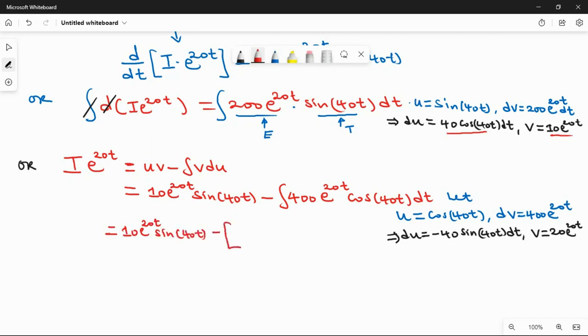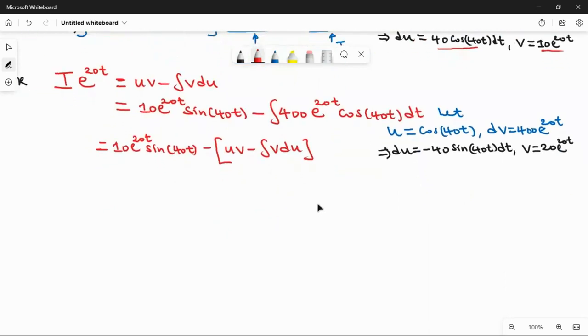minus, now the parts formula should apply in that integral. So u times v minus the integral of v du. Let me replace the values of u and v and even du. So this is the same as 10 exponential 20t times sine of 40t.